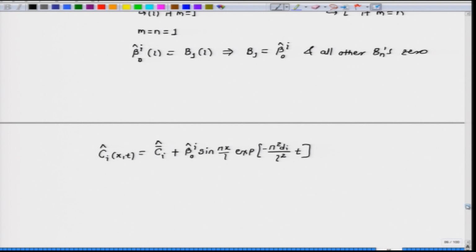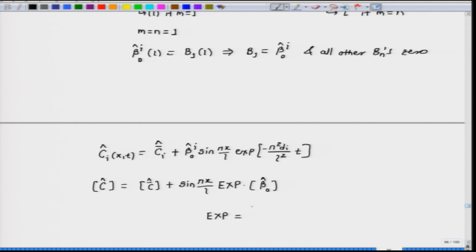And we can see, if we write for all independent components, this can be expressed in the matrix form as matrix of C cap equal to matrix of C bar cap plus sin pi x by L times the matrix exp, which I will define soon, times the matrix of beta 0 cap. And this exp is a diagonal matrix with these exponential terms along its diagonal.